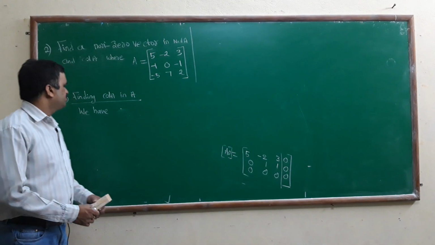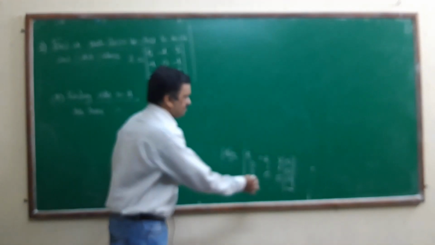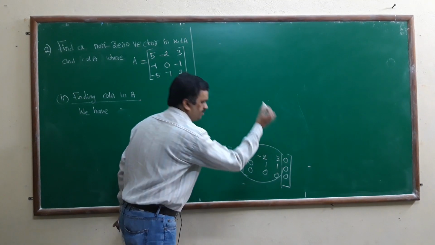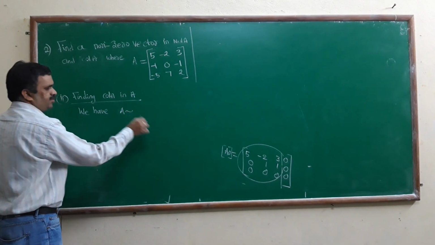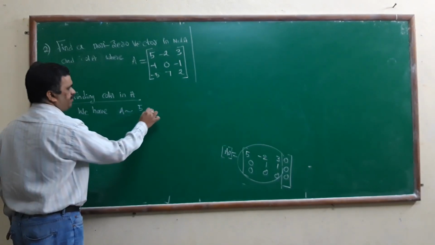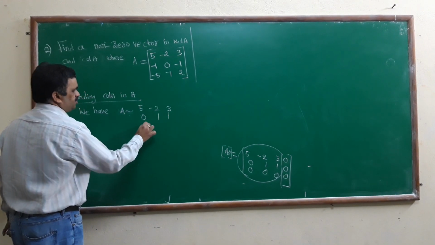Now the second condition we are doing: we are finding a non-zero vector in column A. For this already we have the augmented matrix A0. From this I will take A equivalent to 5 minus 2 3, 0 1 1, 0 0 0.